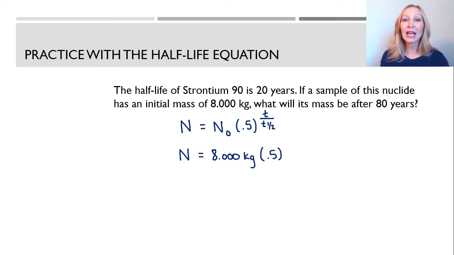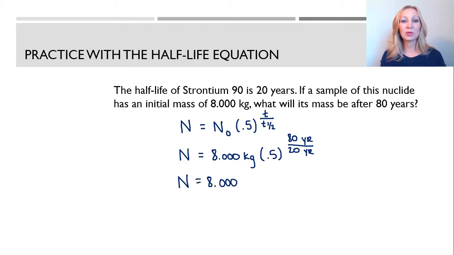Now the amount of time it has decayed is 80 years. And the half-life of this specific isotope, strontium-90, is 20 years. So this is how I put all my numbers into that equation. Now I'm really just going to spend the rest of this time simplifying it and doing a lot of this math.